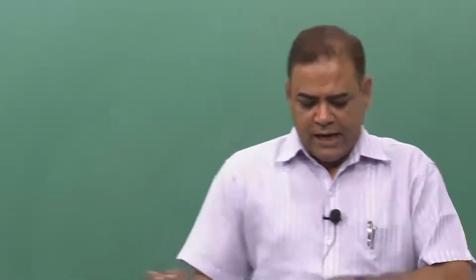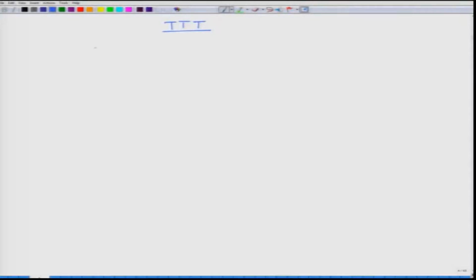So this recap would talk about a few other things we have done in our previous lectures. The Johnson-Mehl-Avrami equation, JMA, the general form is x equal to 1 minus exponential of minus k t to the n.